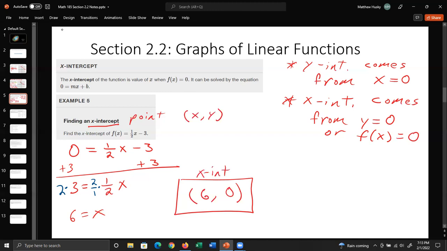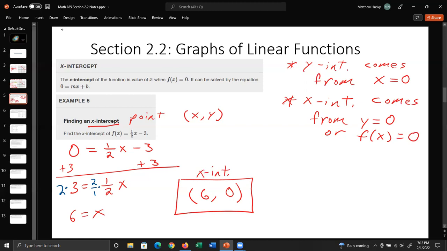So when you give an intercept, make sure that what you're providing is the coordinate of a point. If it's a y-intercept, you start with x is 0. If it's an x-intercept, you start with y is 0. And then you just plug in values and solve the equation. That will find the other number that goes with it. And your final answer is a point, because an intercept is a point.